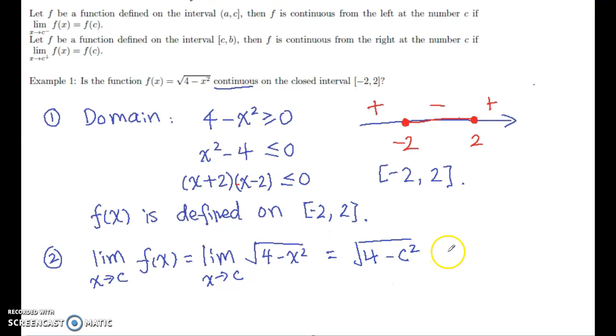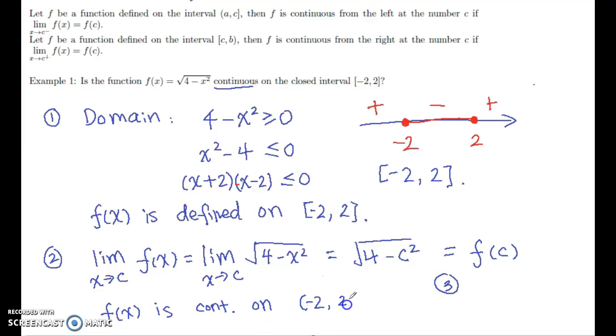Well, this is exactly the function value f of c. So not only does the limit exist, which is just direct substitution, but we also have the third condition, the limit equals f of c. So we can say f of x is continuous on the interval negative 2 to 2.